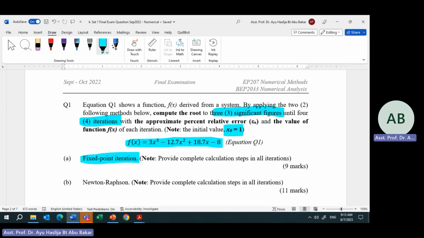Remember, if your EA is not reducing, then your equation is not correct.